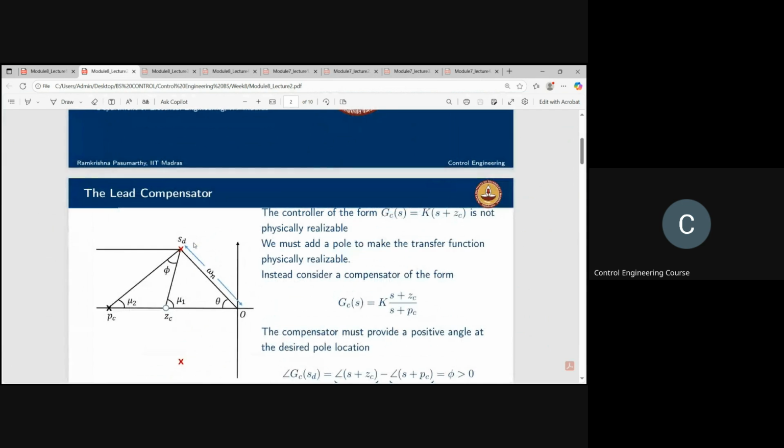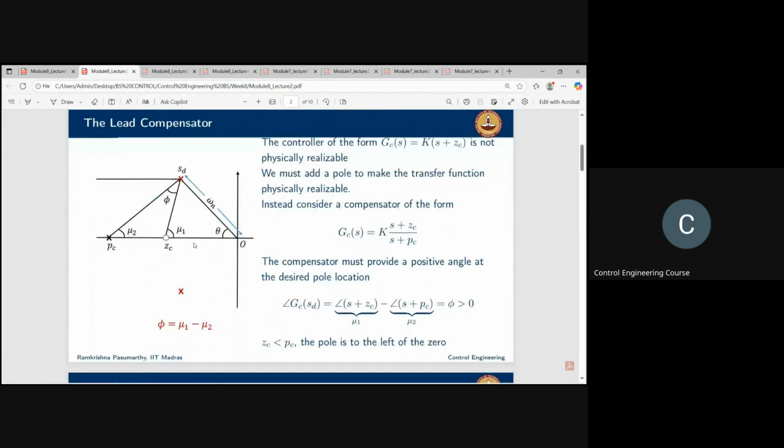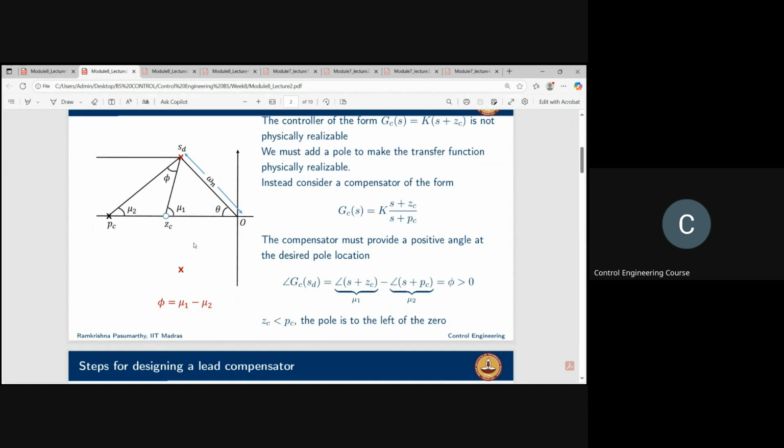So now you have two design parameters, ZC and PC. And always the pole should be farther than the zero. Otherwise, you want to implement a PD controller, right? PC is just for providing some physical realizability.